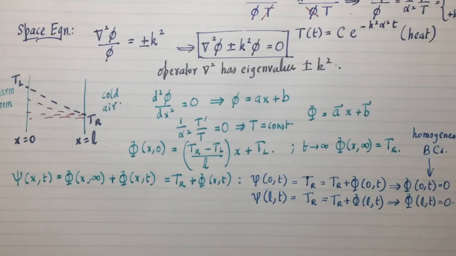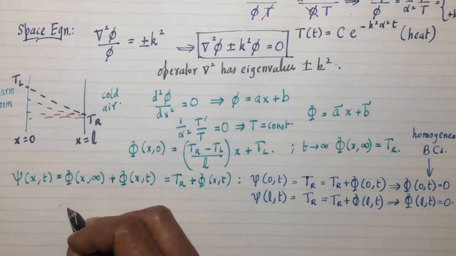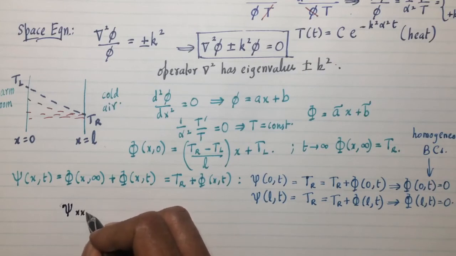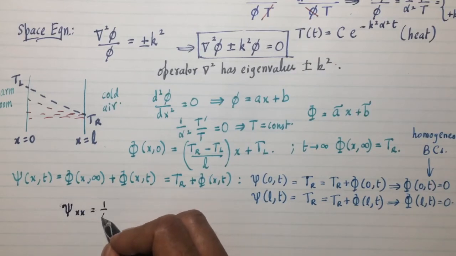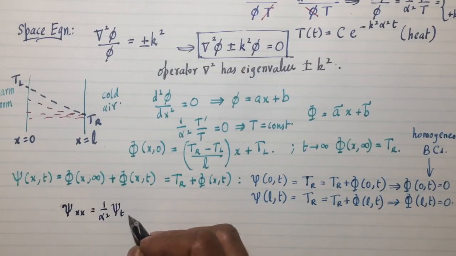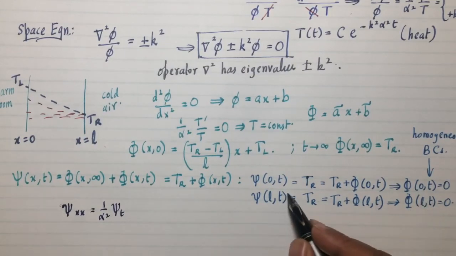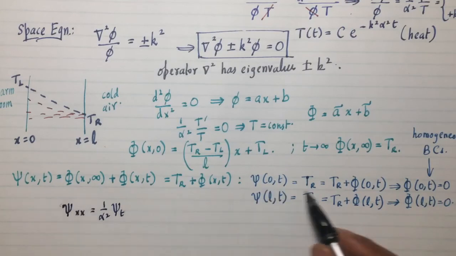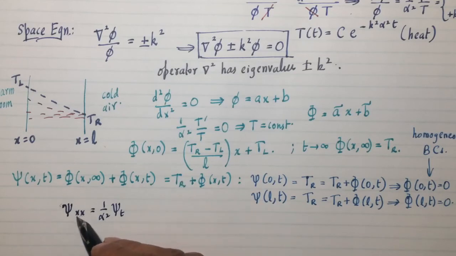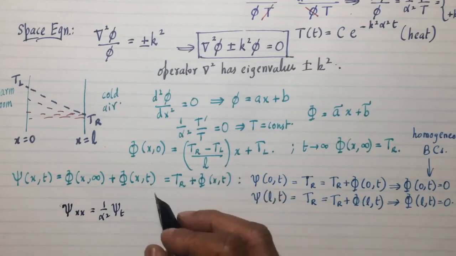So the heat equation remains the same though, because when you take this variable psi and take the second derivative of it, psi xx equal to 1 over alpha squared psi t, it doesn't really matter whether you're considering the psi variable or the phi variable, because the only difference between them is you're offsetting it by a constant, and each time you take the derivatives, the constant simply vanishes.